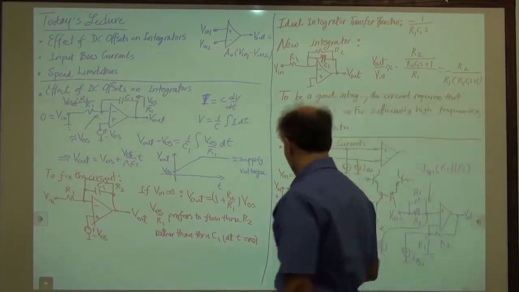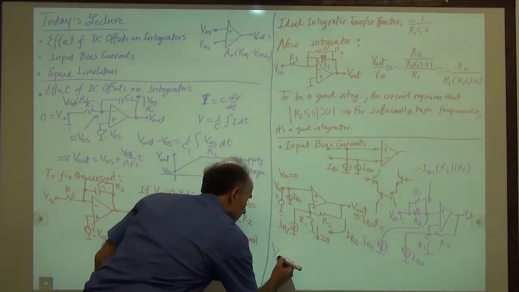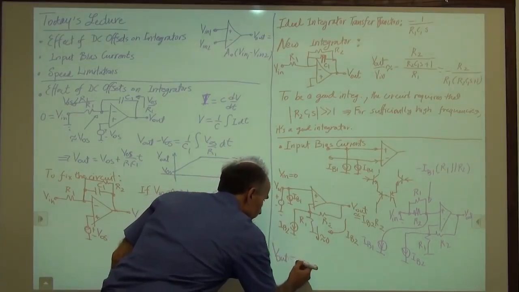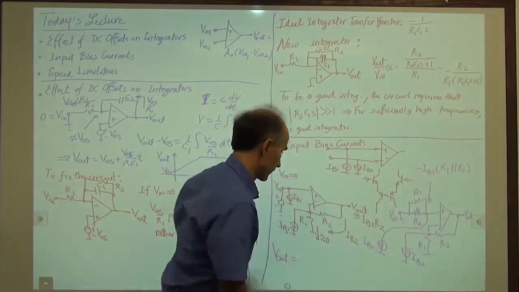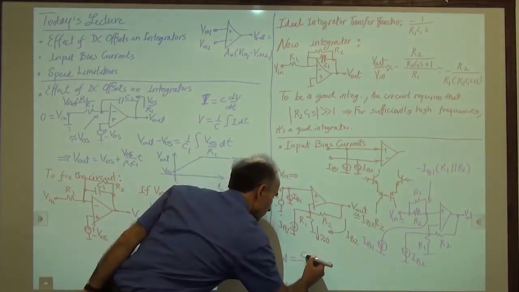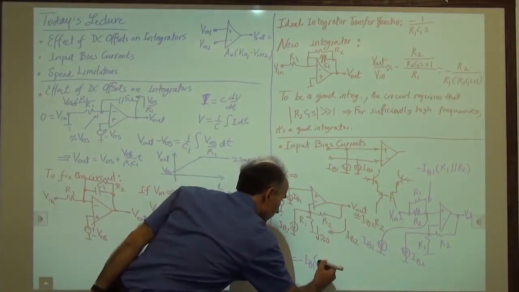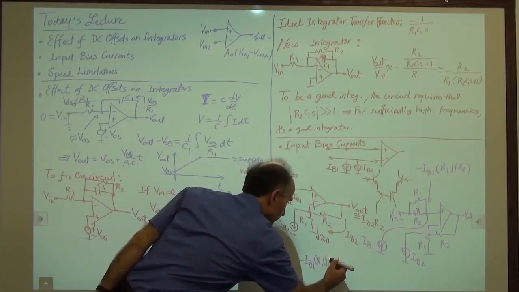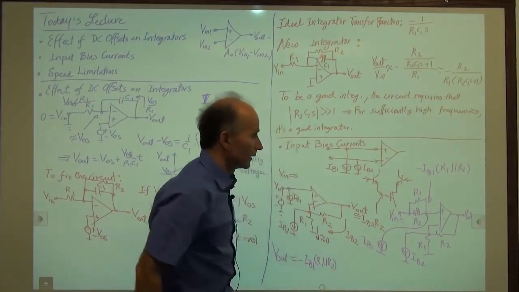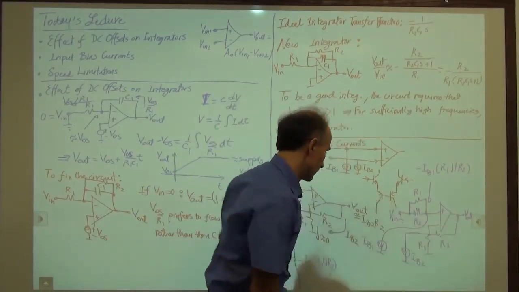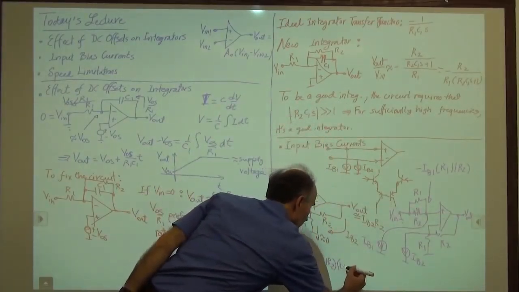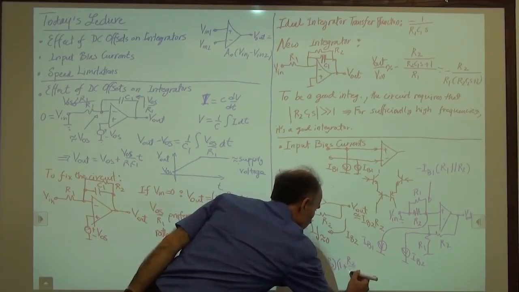So I can say that V out is equal to the input voltage minus IB1 R1 in parallel with R2, times the gain of the amplifier from here to here, which is 1 plus R2 over R1.